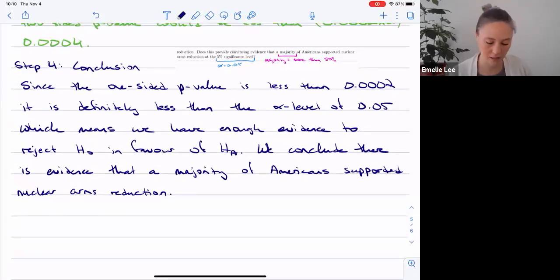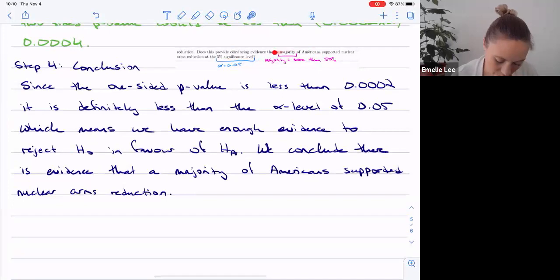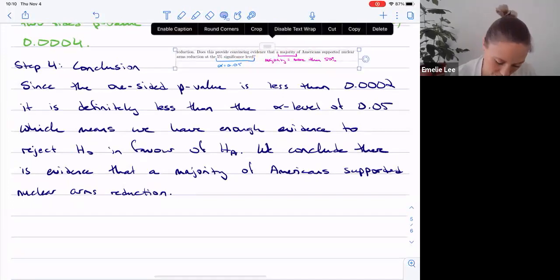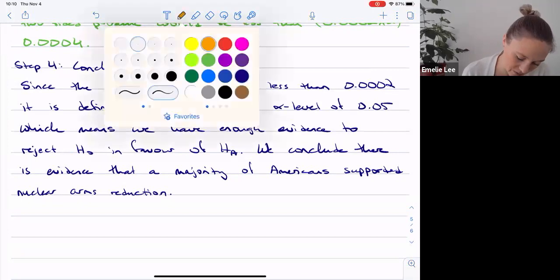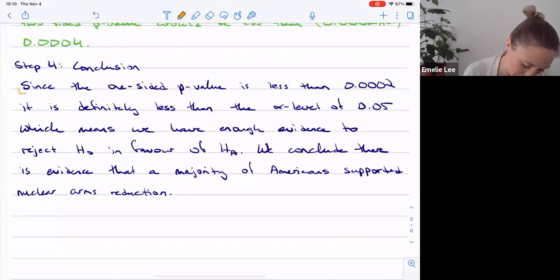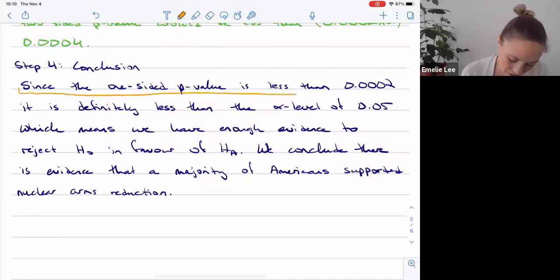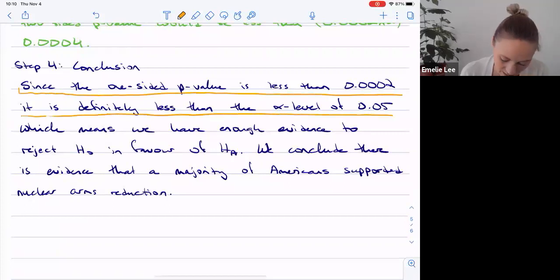So I'm going to remove this because it's just a random blip, but it does help to formulate the question as an answer for that last bit of the conclusion. The first part of the conclusion is comparing the p-value to the alpha level.